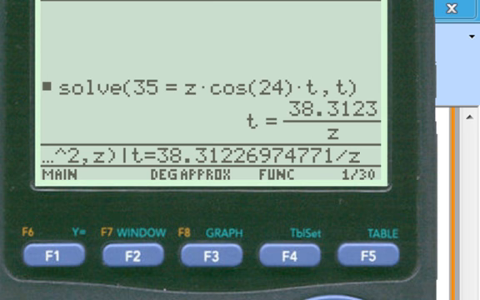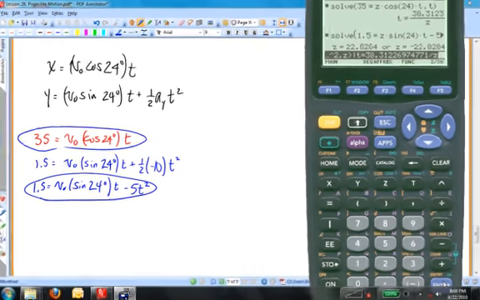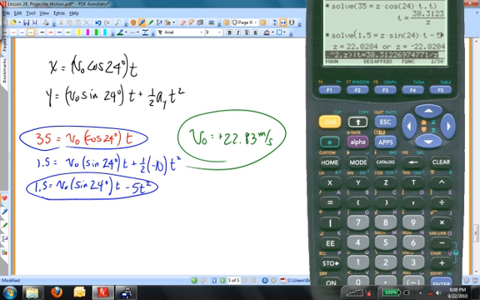And now when I put in the numbers, I get z, or v naught, is equal to plus 22.8 or minus 22.8. And it turns out that the number I want is the positive number. There is my solution. So you can solve that problem algebraically, or you can solve that problem with TI solve. That's it.